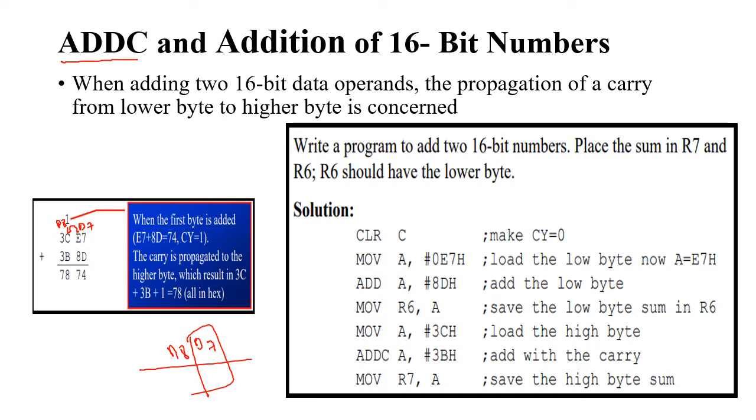So in that case, whenever you are adding the second byte, or upper byte, as we call it here, E7 and 8B are called the lower bytes, and 3C and 3B are called the higher bytes.